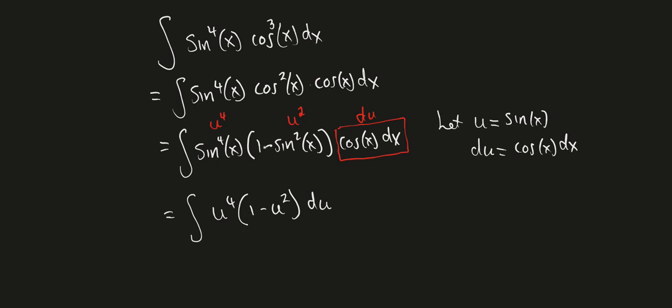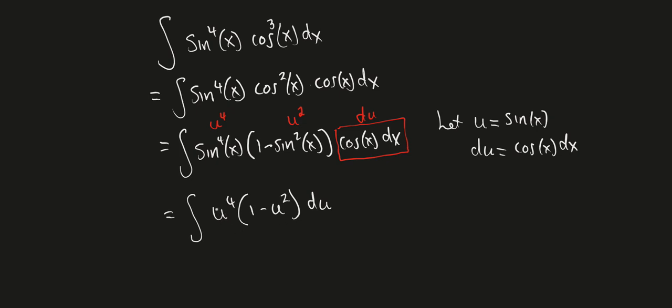So it's like what we were able to do, right? Because of this odd power, we were able to factor off a cosine x, use the Pythagorean identity for cosine squared, and write it in terms of sine squared. We were able to turn this trig integral into basically a simple power integral.